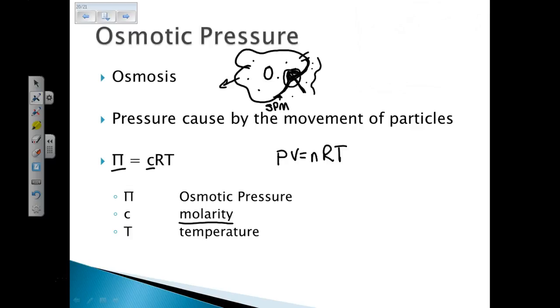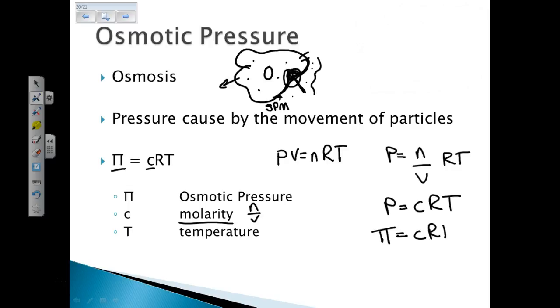This is an interesting one because we use molarity for osmotic pressure and not molality. Remember, molarity is the number of moles over volume. So really, P equals n over V times RT, so P equals concentration times RT. In this case, it's just pi equals CRT. So it's all related to the gas laws, or it takes the form of gas laws.